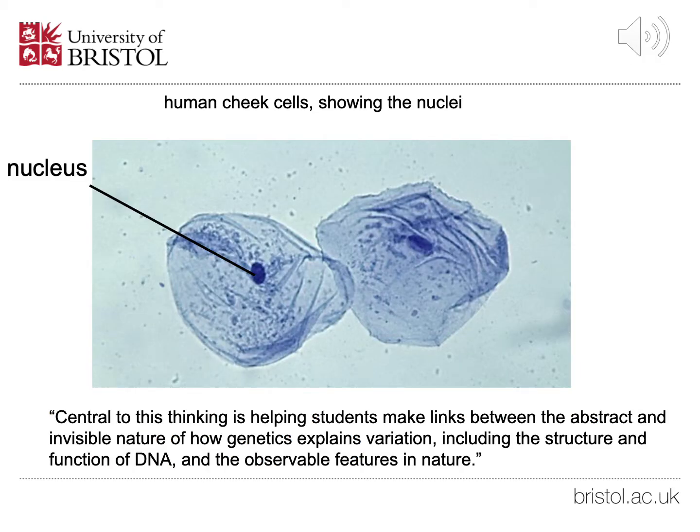What we're hoping to do is to make more of the experiences of looking at the cell nucleus at Key Stage 3, and rather than simply saying that's the nucleus, explain why that nucleus is such an important part of the cell.